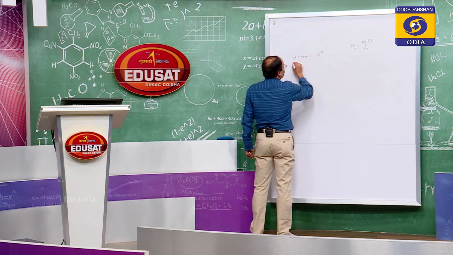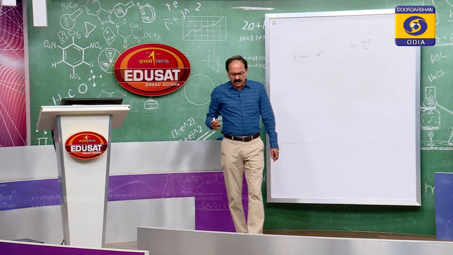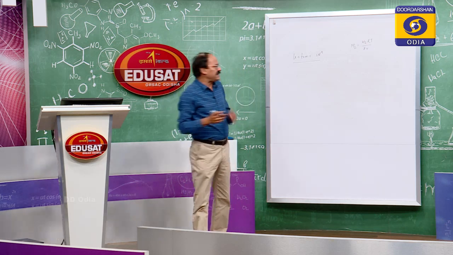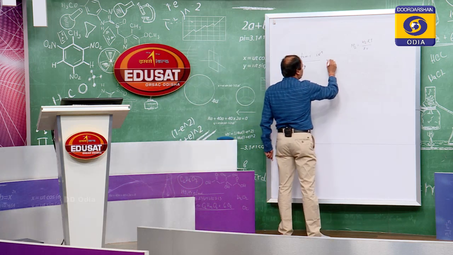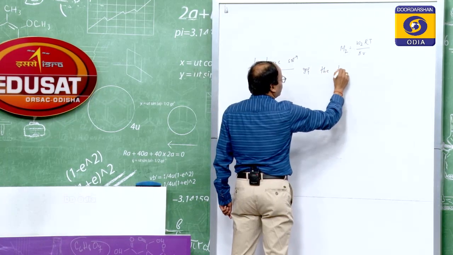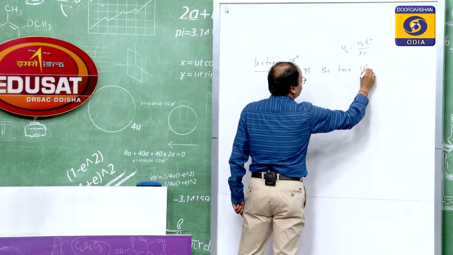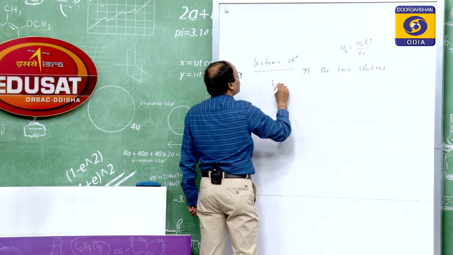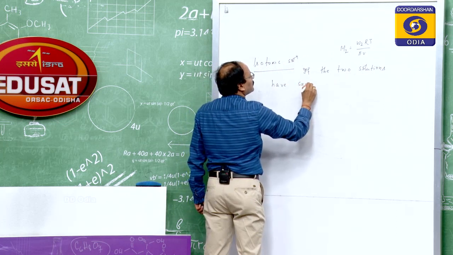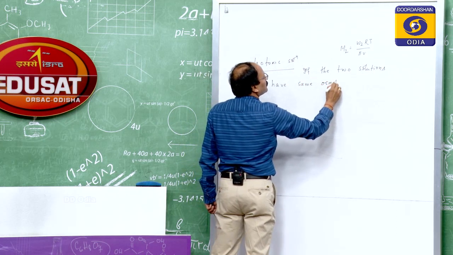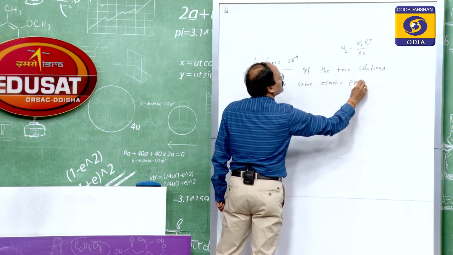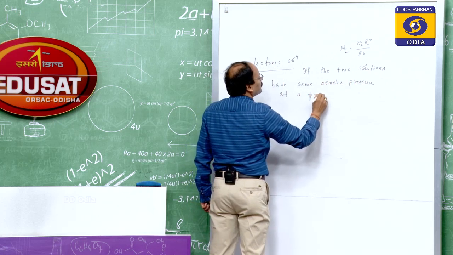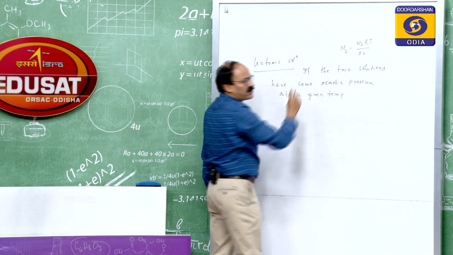If two solutions have the same osmotic pressure at a given temperature, then they are called isotonic.